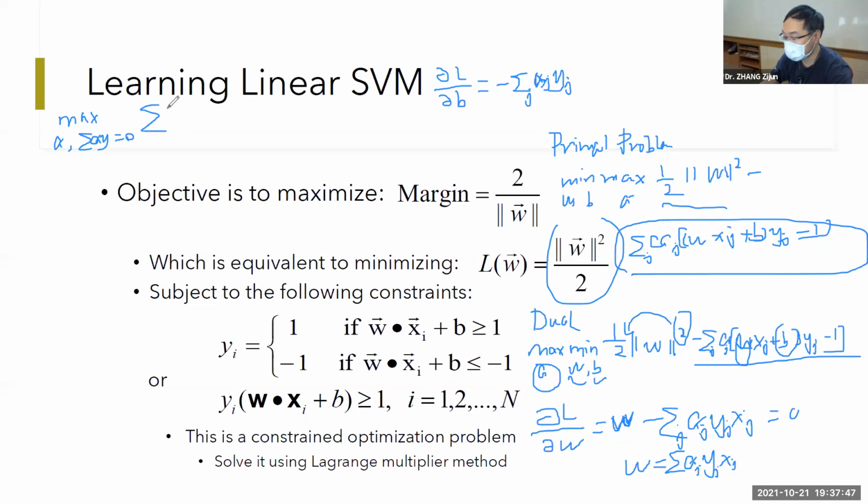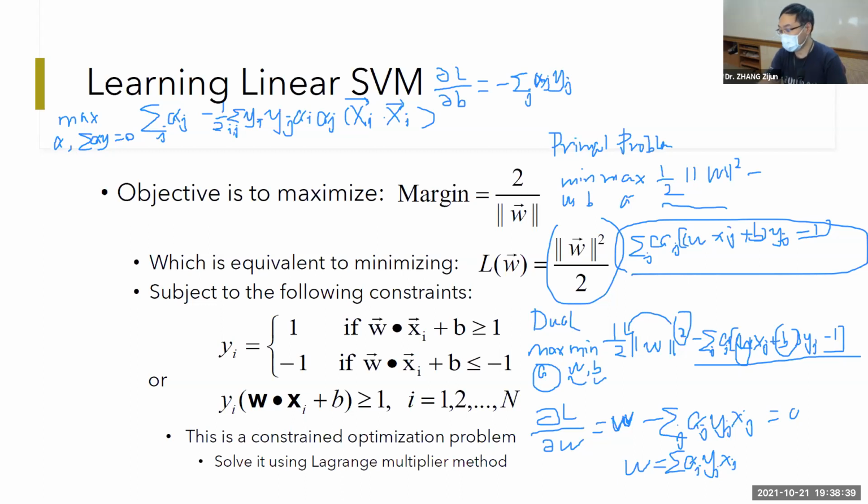Then the term will be the summation of alpha_j for all the j, minus 1/2 the summation of y_i y_j alpha_i alpha_j, x_i dot product x_j, for all i, j. And this will be the maximization problem.